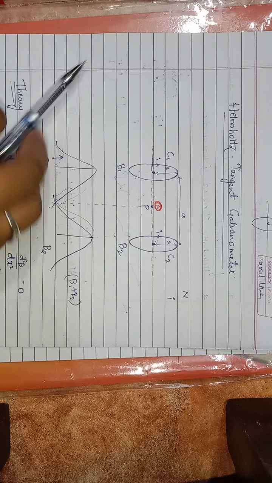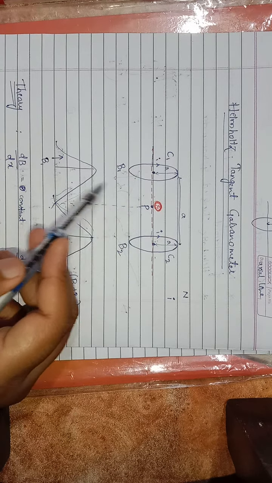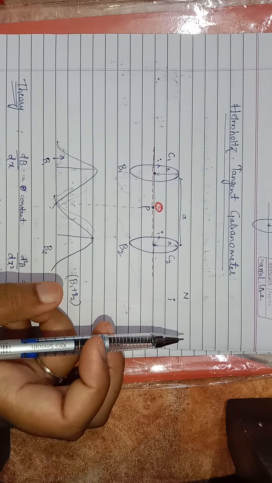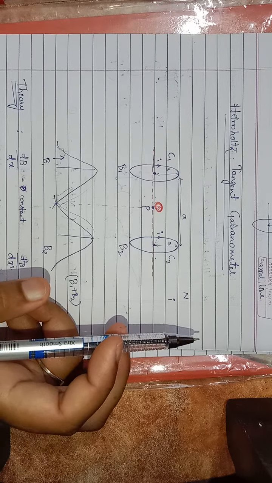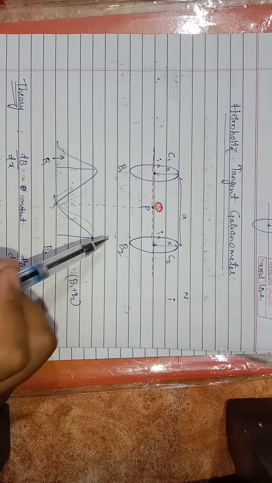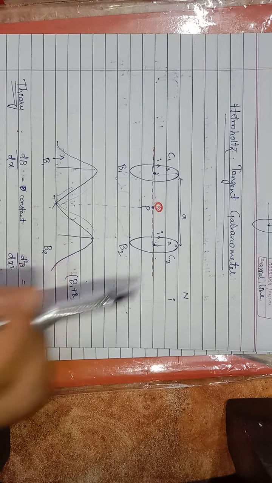You have to make the planes of the coils lie in the magnetic meridian, BH tan theta, you know it. You have to make these two coils lie in the plane of the magnetic meridian.